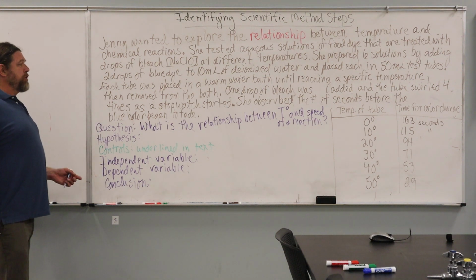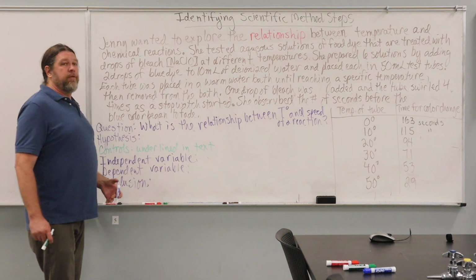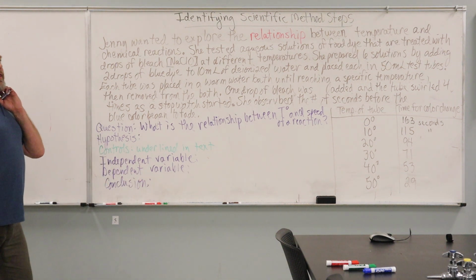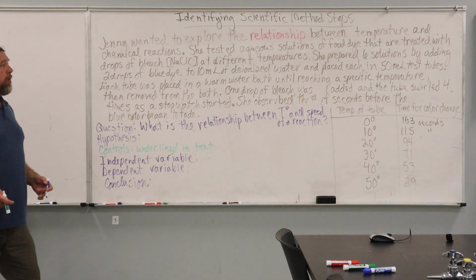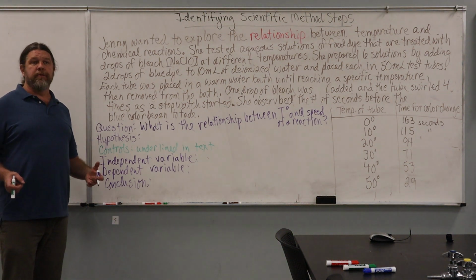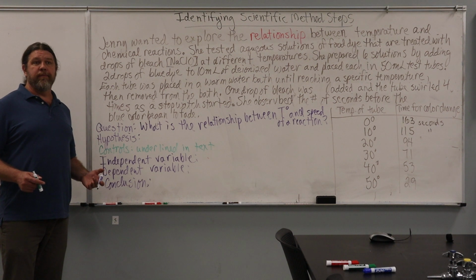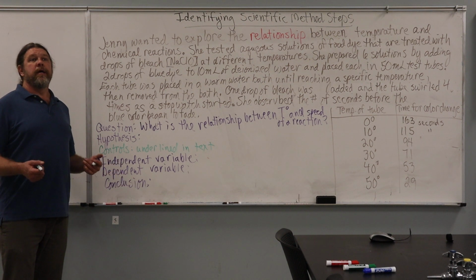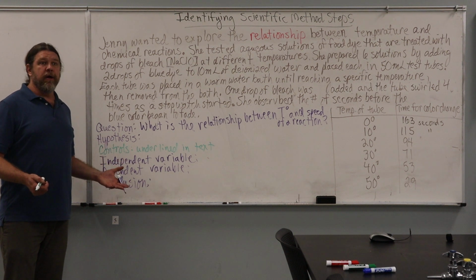But what is the relationship between T, temperature, and the speed of a reaction? So this question is really open-ended. We don't know if it'll have an effect at all. We don't know if warmer temperatures will make this reaction speed up, or if warmer temperatures may make it slow down. Some chemical reactions go one way, and some go the other way.